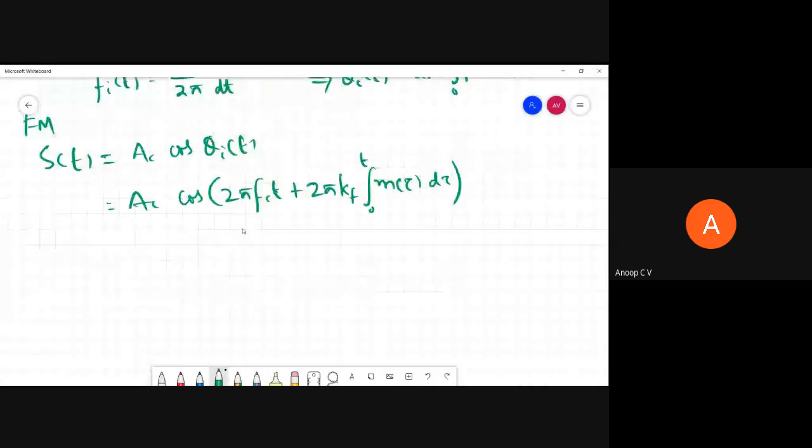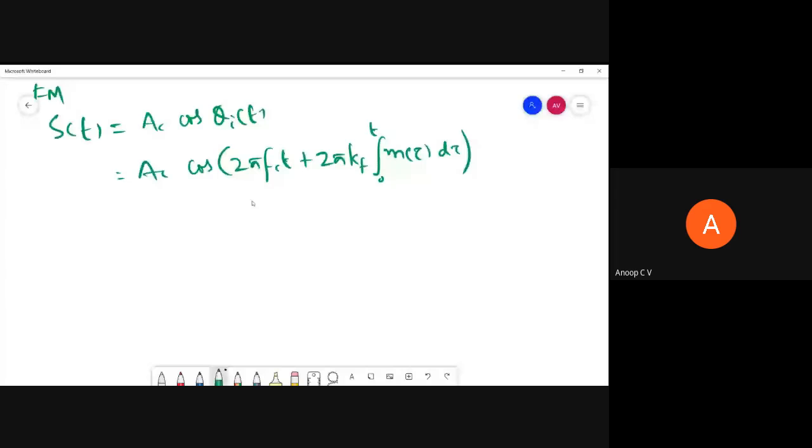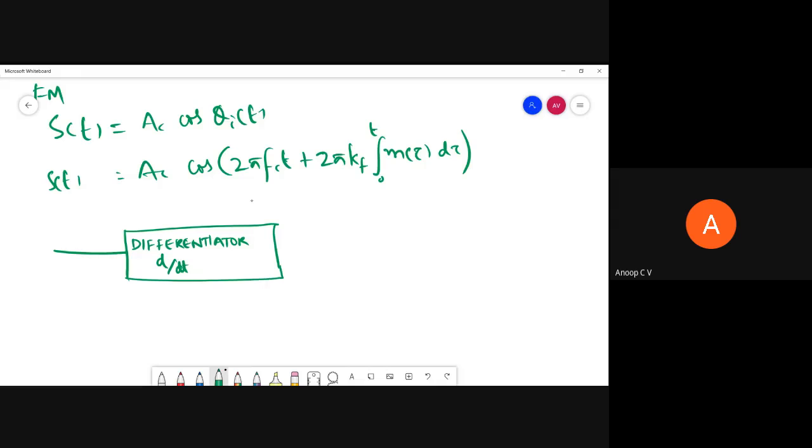Now I told how it can be demodulated. Just now I told the steps. So this s of t, if you pass it through a differentiator, that is d by dt, followed by an envelope detector.